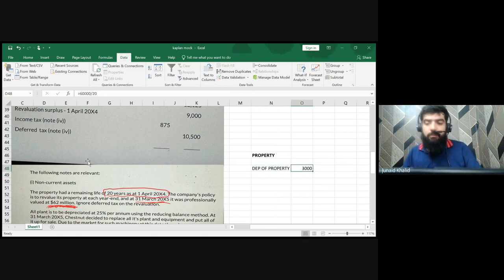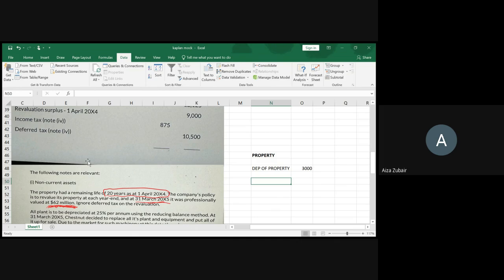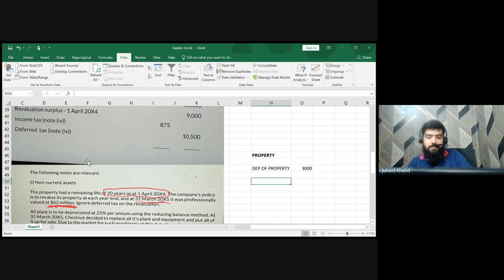Now, why have we calculated that depreciation? Because at the end of the year, we need to revalue. In order to revalue the asset, what two things do we need? We first have to find the difference between the cost and the depreciation, that is the net book value, right? Yeah.